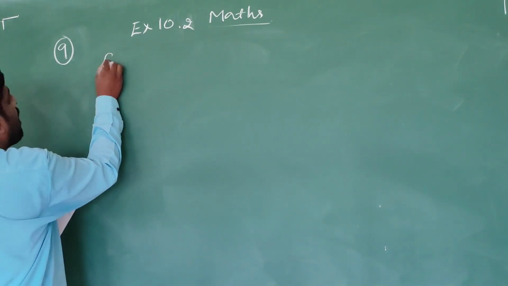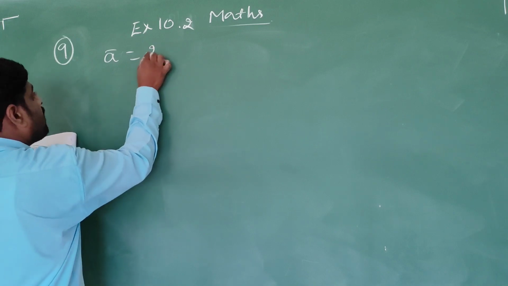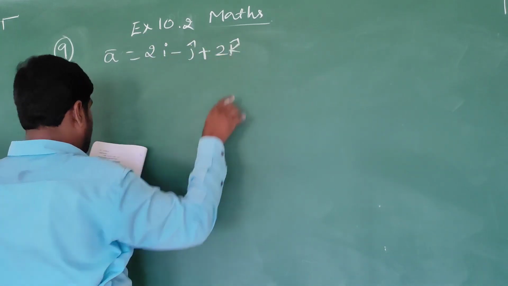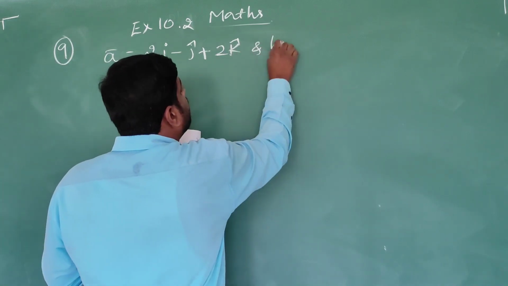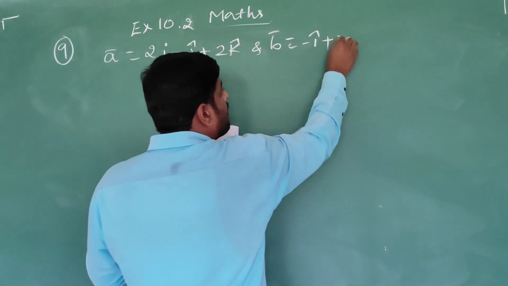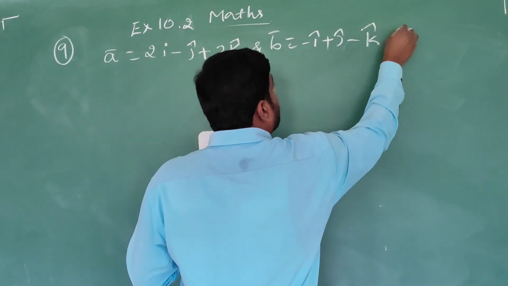Given vectors, a bar is 2i cap minus j cap plus 2k cap, and b bar is minus i cap plus j cap minus k cap.